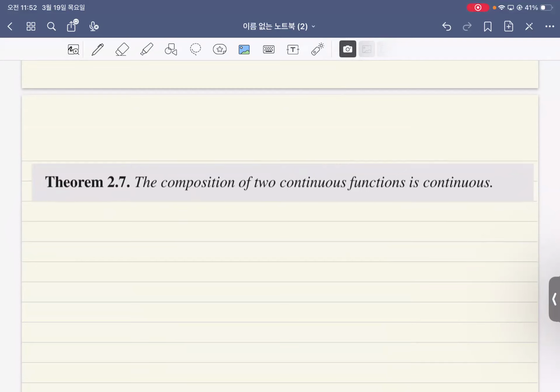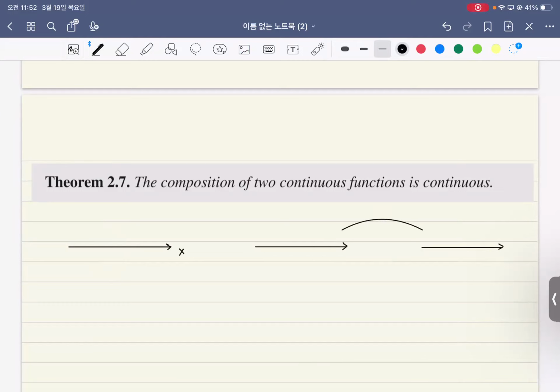If you compose two continuous functions, then the resulting function is also continuous. So in the picture, this is x, and this is y. This is function g, and this is function f, and say that this is c.